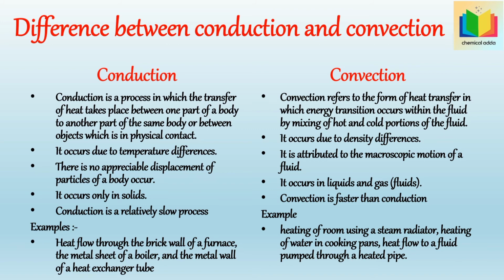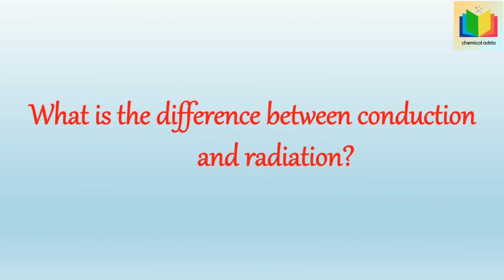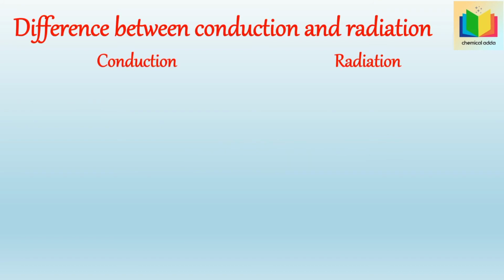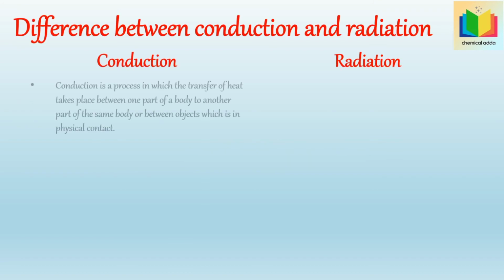Now, next question. What is the difference between conduction and radiation? Conduction is a process in which the transfer of heat takes place between one part of a body to another part of the same body, or between objects which are in physical contact.